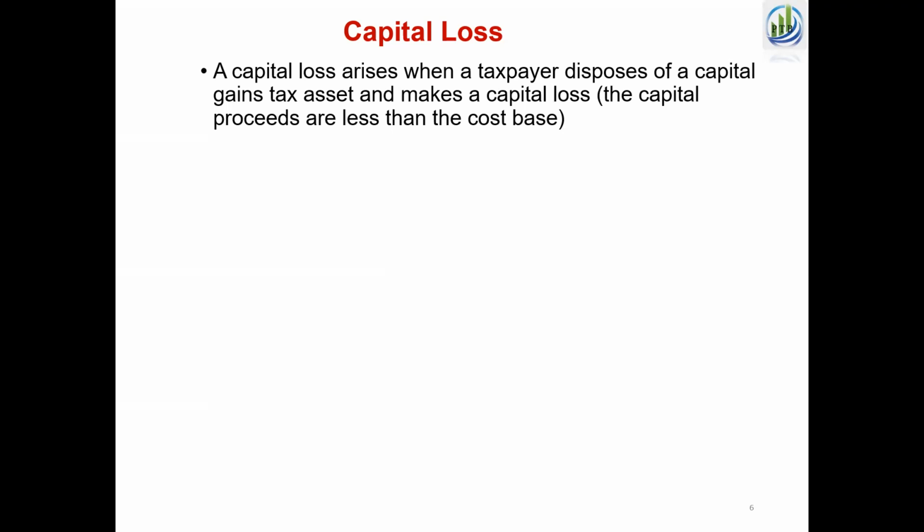How much is the total gain from shares? 10,000. How much is the employment income? 150,000. So from the shares, his capital gain, the net profit from buying and selling, is 10,000. So how much is assessable income now? 150 from employment, 10,000 from the shares, total assessable income 160,000. He will pay tax on 160,000. That's the one we talked about up to now, right?